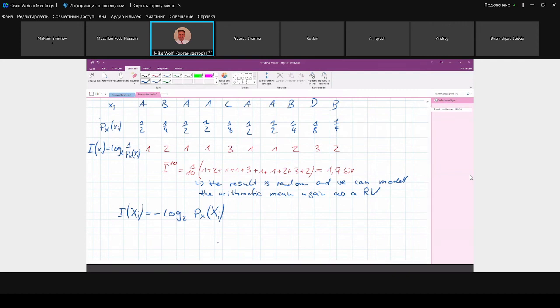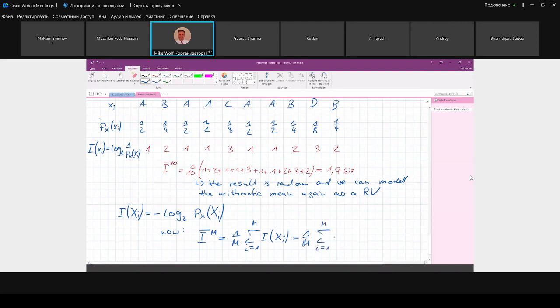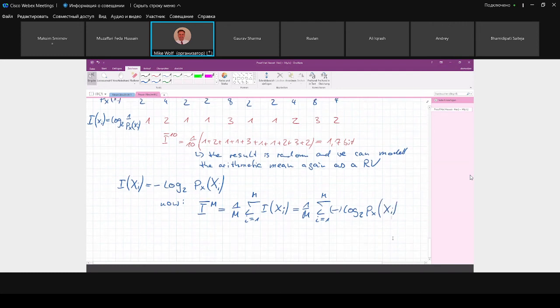If I now calculate the arithmetic mean of this information content, let's say I take a look at capital M values and write 1 by M, sum from i equals 1 to capital M of Y(X_i), which is the same as 1 by M, sum i from 1 to M of minus log 2 P_X of X_i. But this is random. This is a random number.